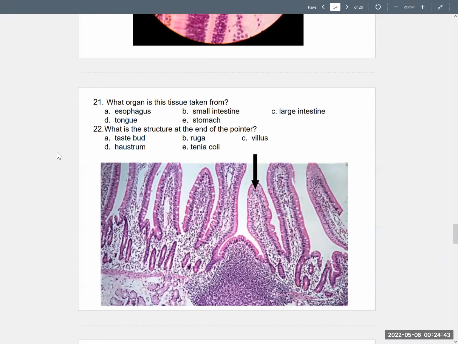Number 21. What organ is this tissue taken from? I don't want to know the type of tissue. I don't care about the pointer in this question. I want to know the organ, the whole thing.